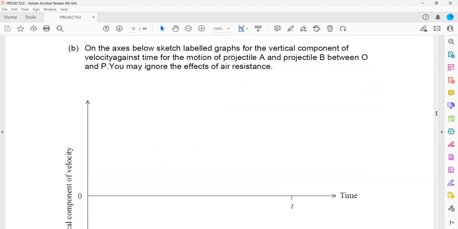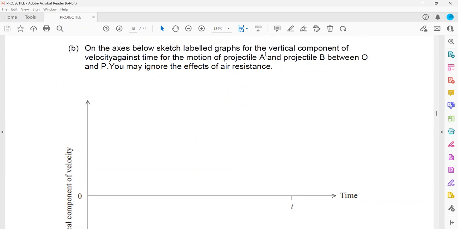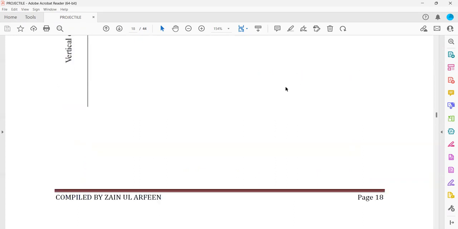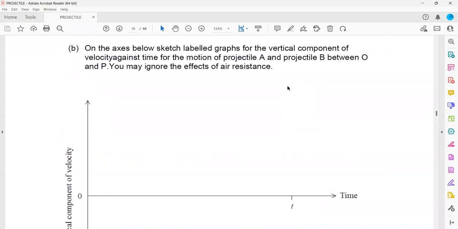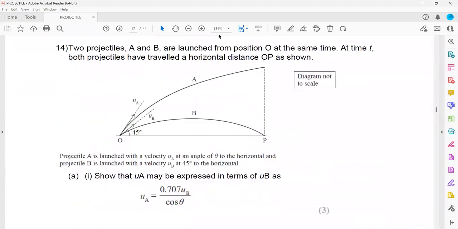The next one: on the axis below, sketch and label graphs for the vertical component of the velocity for projectile A and projectile B between O and P. So we have to draw the vertical component of the velocities. The vertical component of the velocity is UA sine theta, and this one is UB sine 45.